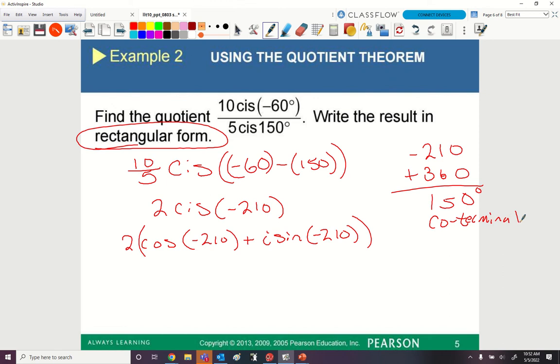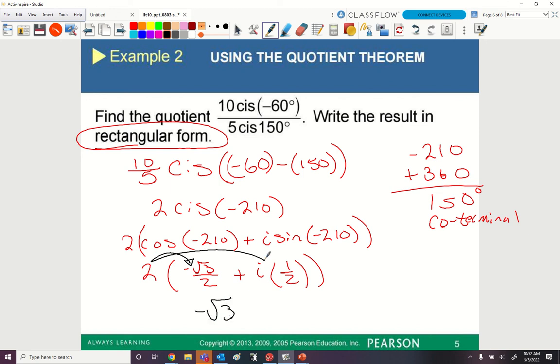So at 150, cosine at 150 is going to be 2 parentheses negative radical 3 over 2, plus I sine at 150 is going to be 1/2. So when I distribute here, multiplying by 2 and dividing by 2 is going to cancel, so I'm left with negative radical 3.